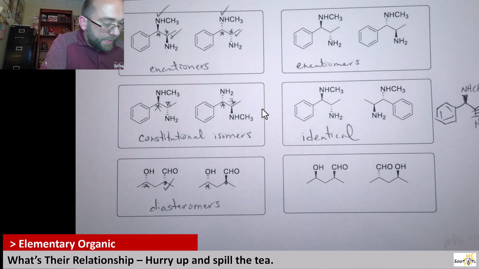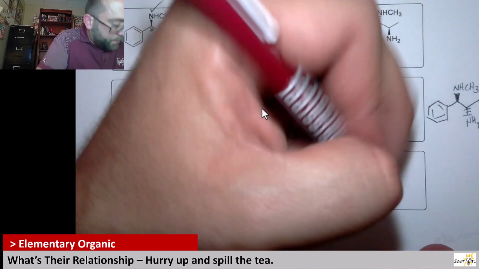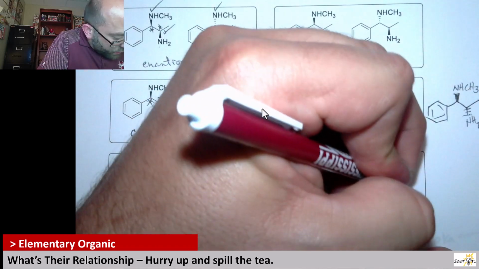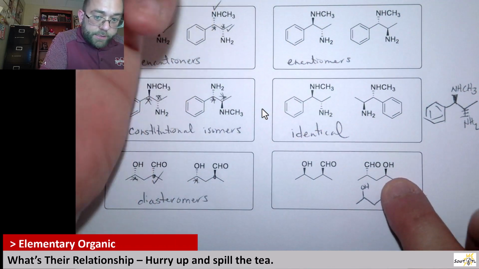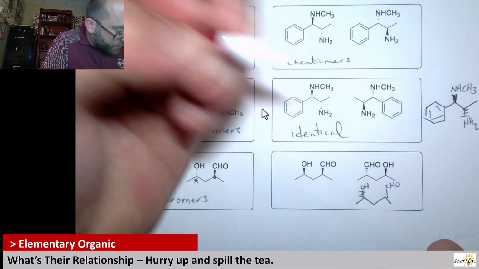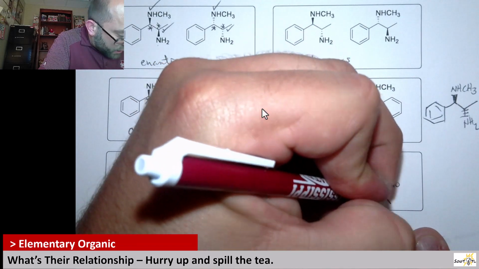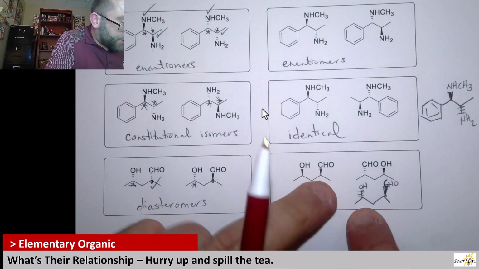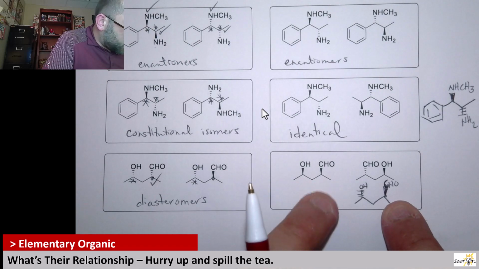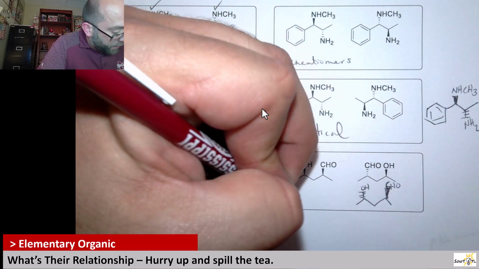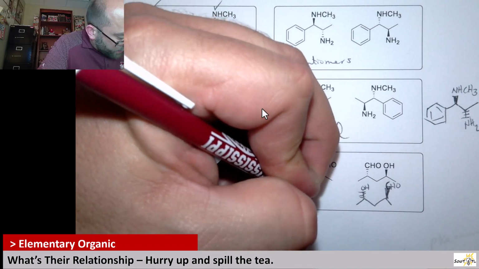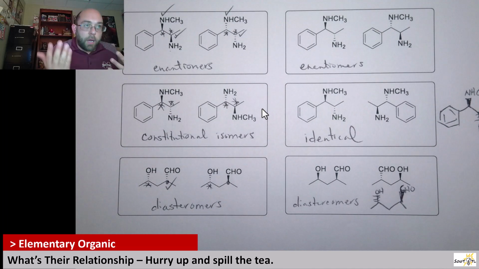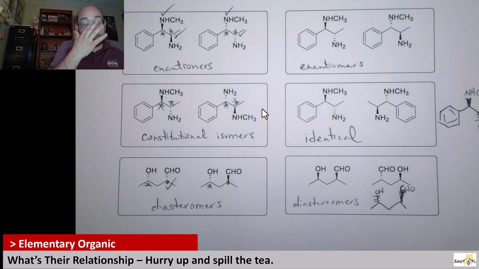So what that means is if we were to flip this over, where the OH is here and the CHO is there, then we would go from a wedge to a dash. We go from a dash to a wedge. And when we see that, what do we notice? The OH changed, but the CHO didn't. So in this case, this is yet again another pair of diastereomers.